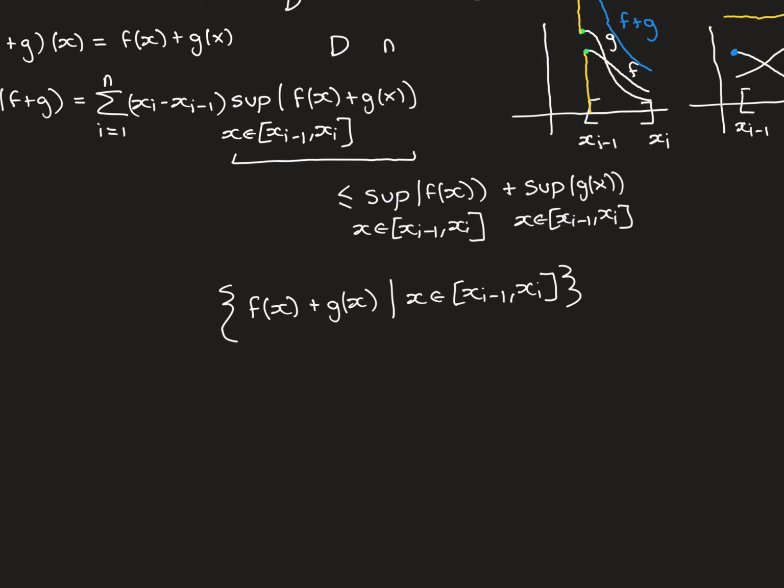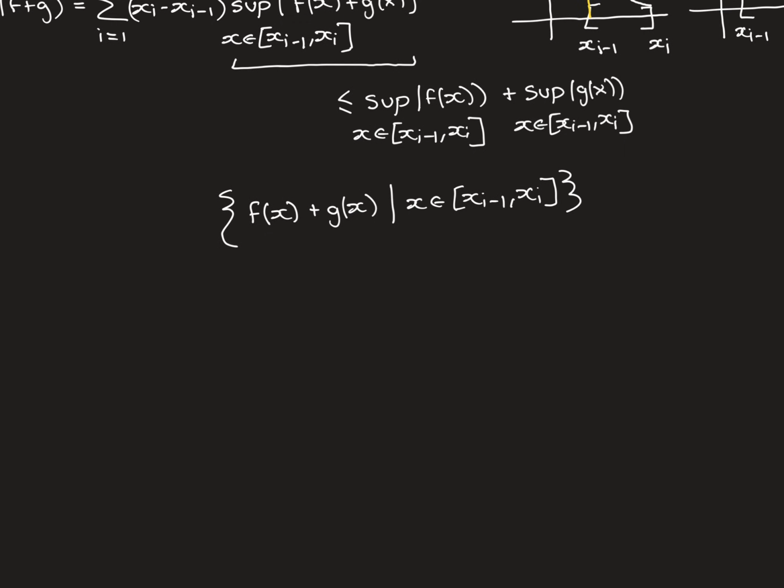So to show this inequality, all we need to do is show that these two numbers added together is an upper bound for the things in this set. So how are we going to do that? Well, hopefully you should be able to figure that out for yourself. So the way we do it is we note that this thing is going to be greater than or equal to f of x for all values of x in this interval.